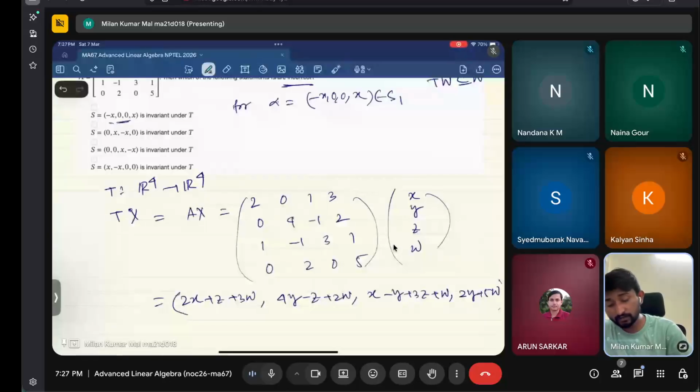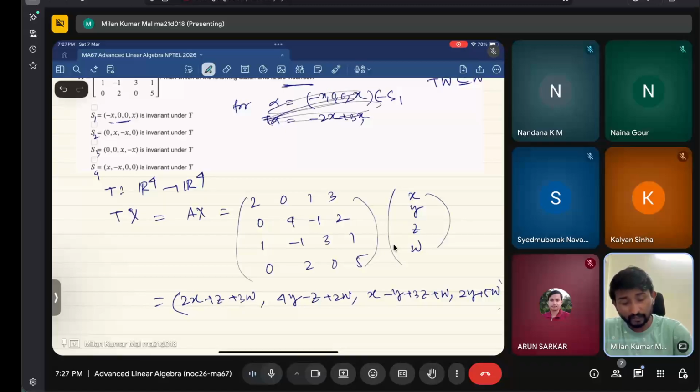I'm writing this one as S1 and S2, S3, S4. So what will T of alpha be? T of alpha will be like 2x minus 2x plus z, z is x again, and w is 0. No, sorry, this is where the mistake I made. w is 3x, right? This is what it is.